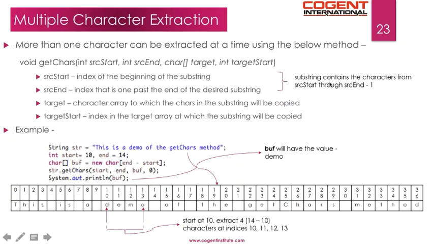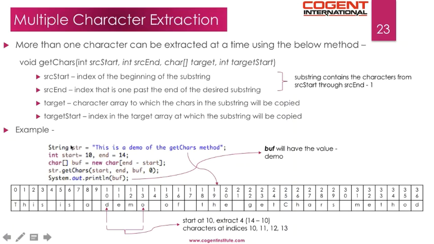The substring contains the characters from srcStart through srcEnd minus 1. Next, target is the character array to which the chars in the substring will be copied. targetStart, which is of type int, is the index in the target array at which the substring will be copied.